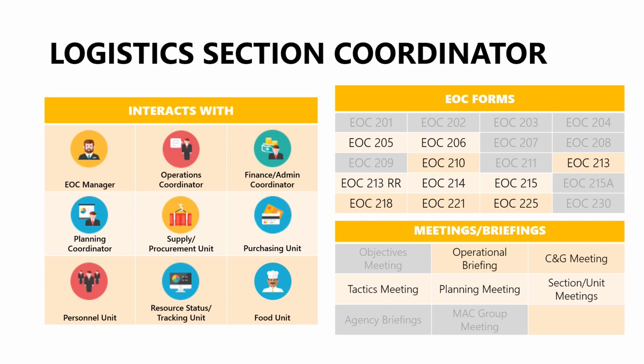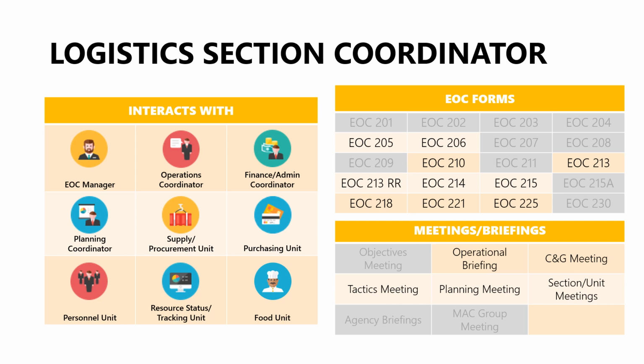The logistics section coordinator is going to make sure that any transportation requirements to support the response operations are met, and standing up the ground support unit if necessary. They're going to ensure that all requests for facilities and facility support are addressed through the facility unit leader.